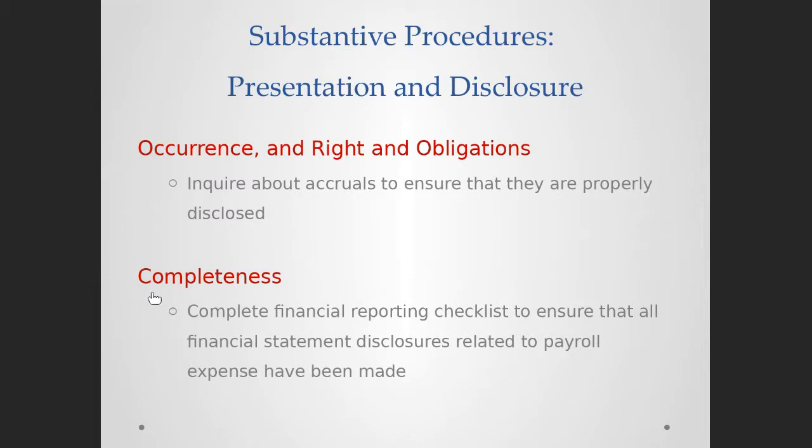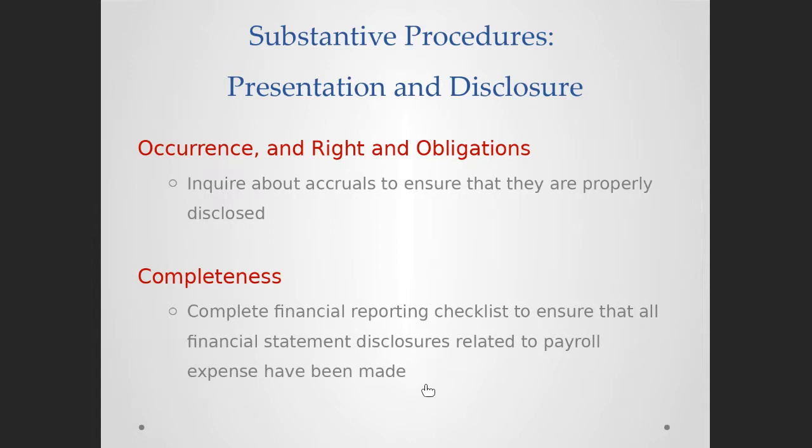The next is completeness. And again, these relate to the presentation and the disclosure. So we want to complete what we call a financial reporting checklist to ensure that all financial statement disclosures related to payroll expense have been made. Now, depending on where you are auditing, you would have a different type of checklist.